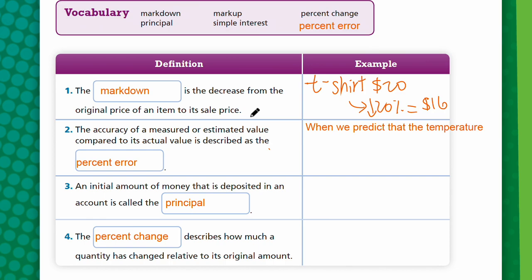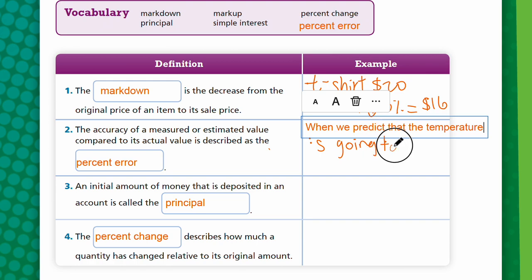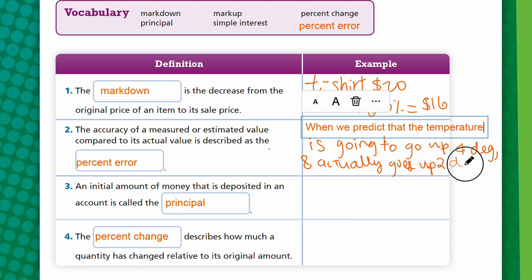So when we predict that the temperature is going to go up 4 degrees, and actually it goes up 2, how much percent error is 4 compared to 2? 100%, right?